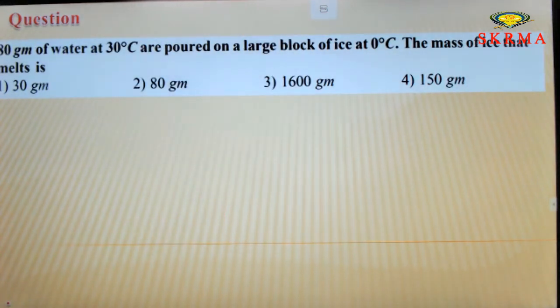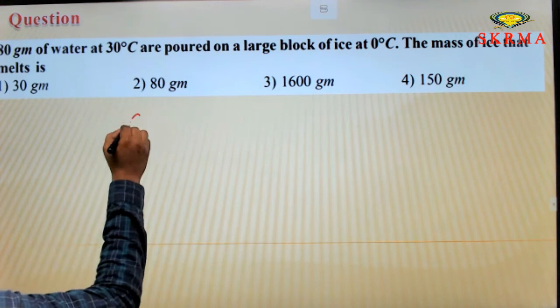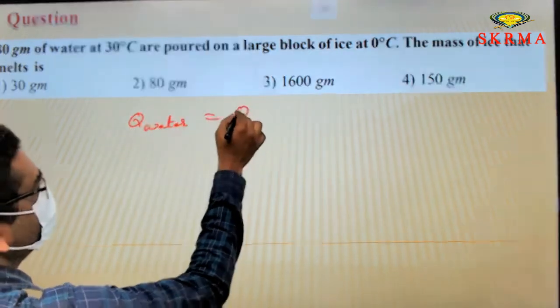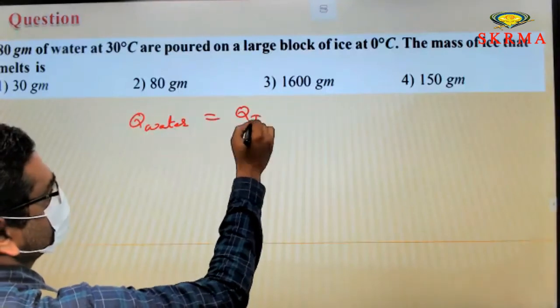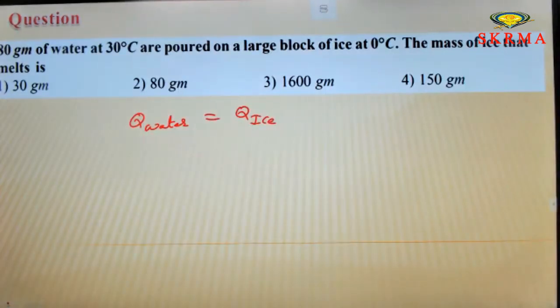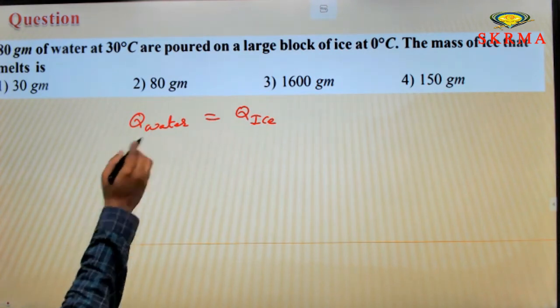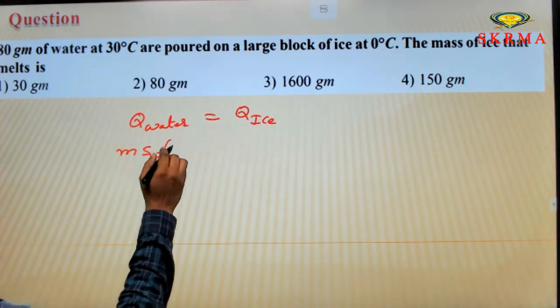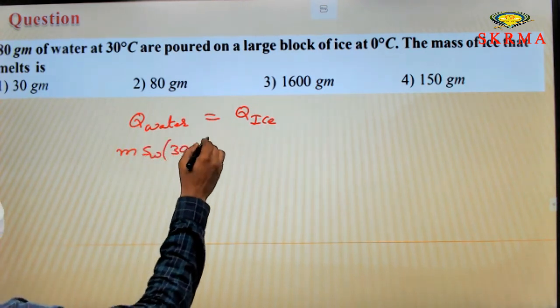Next. 80 grams of water at 30 degrees centigrade is poured on a large block of ice at 0 degrees centigrade. Then what is the mass of ice that melts? Heat lost by the hot body equals heat gained by the cold body. So heat lost by water is mass into specific heat of water into change in temperature, 30 minus 0.